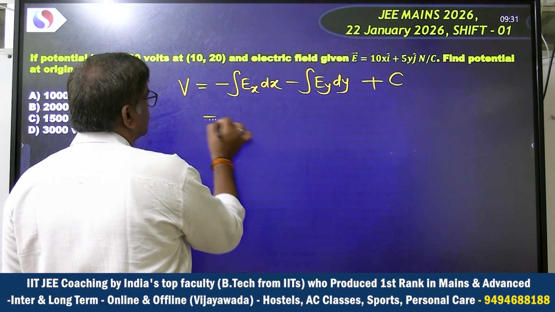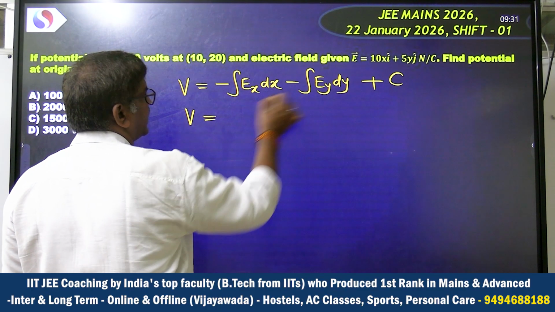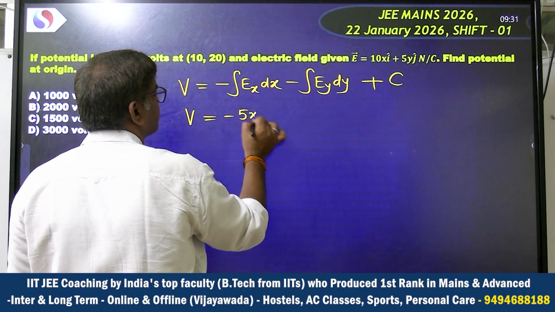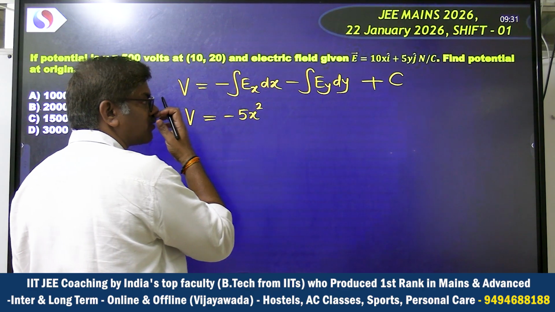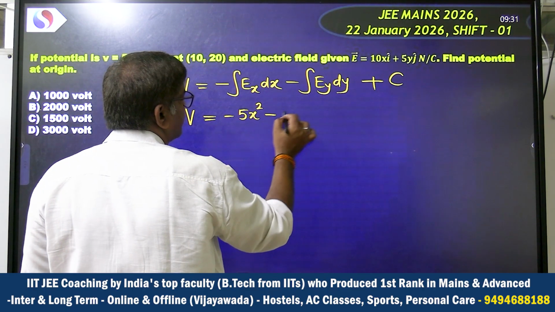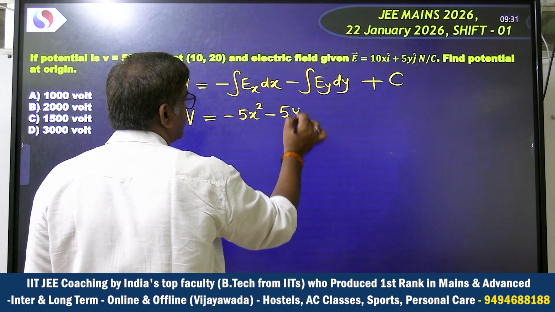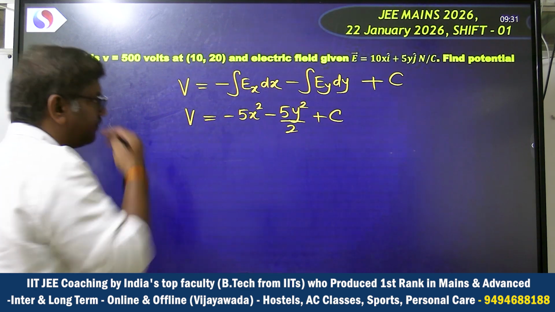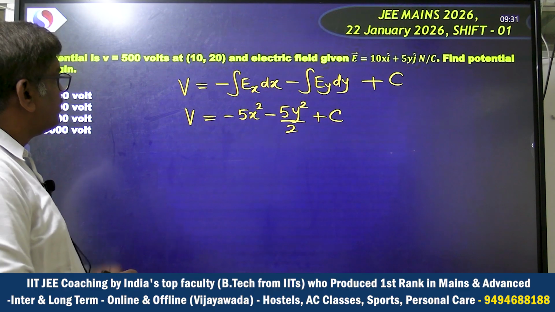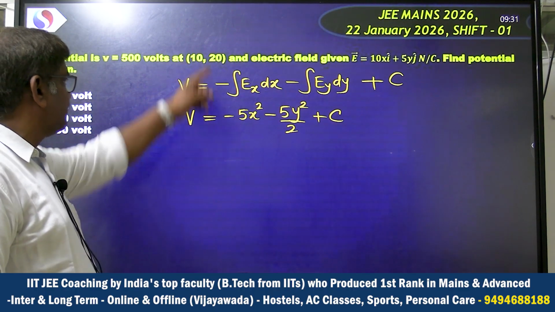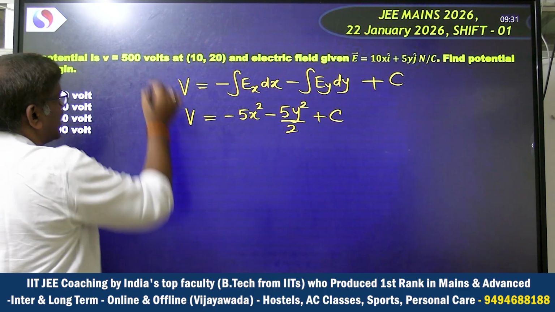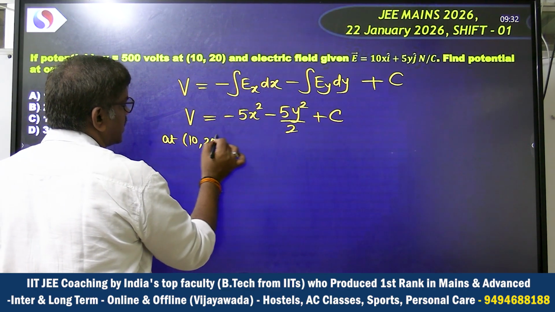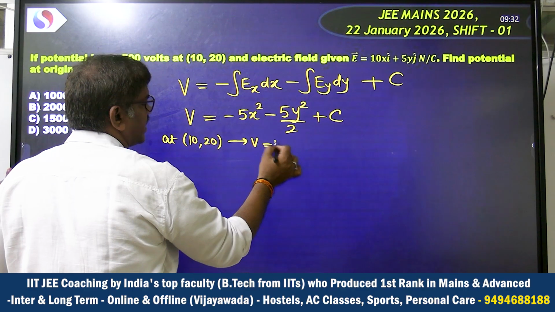So here V is minus the integral of 10x dx, which will give you 5x square, since x dx is x square by 2. Similarly, 5y gives 5y square by 2, plus C. That will be the potential expression. To find the value of C, we already have that at (10, 20) the potential is 500.